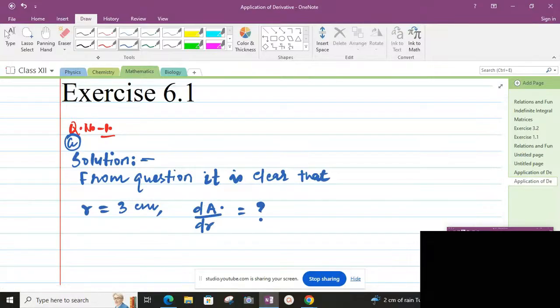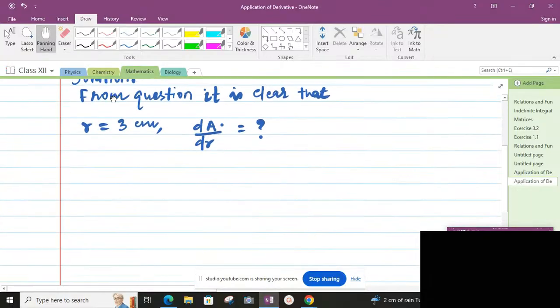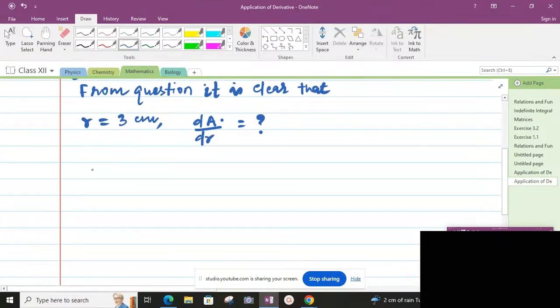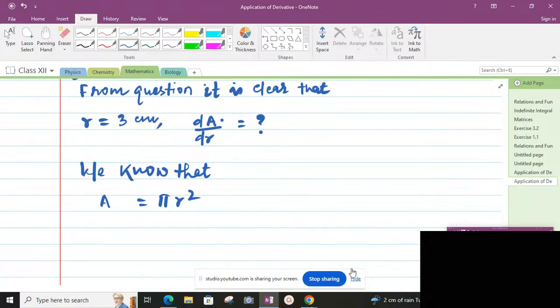Let's recall the formula of a circle: we know that A equal to pi r square. Now differentiate both sides.